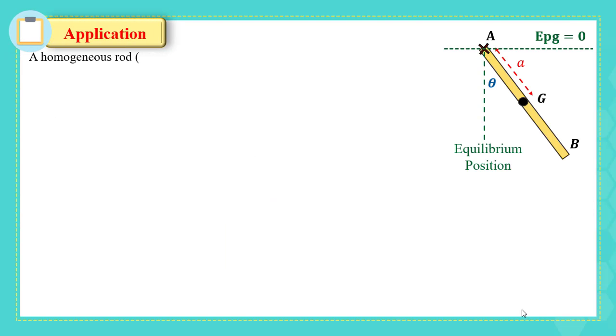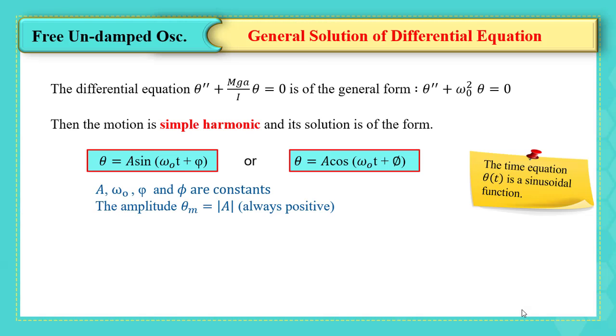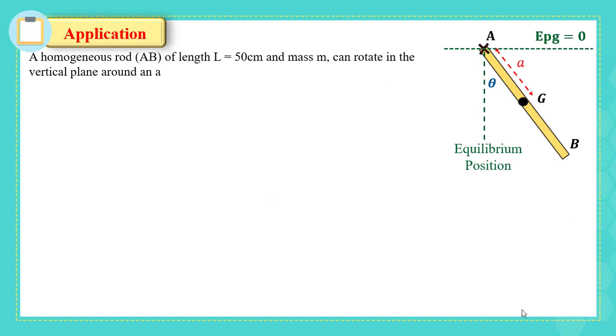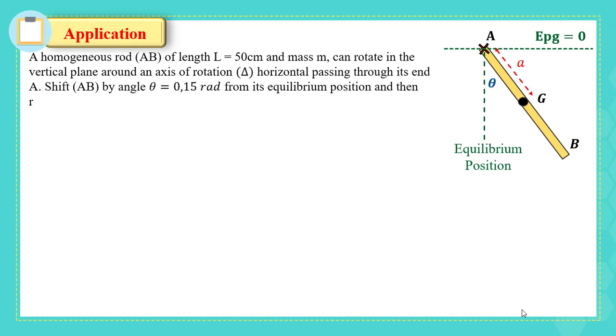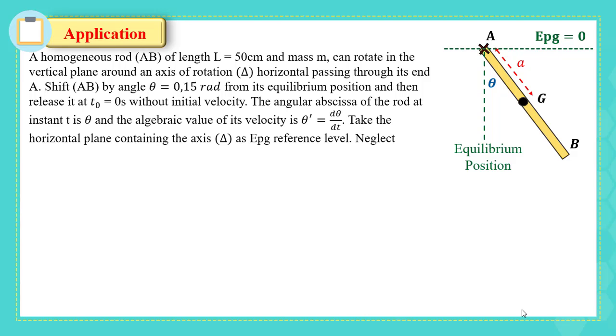Let's solve this application. Given a homogeneous rod AB of length L equals 50 centimeters and mass m, it can rotate in a vertical plane around an axis of rotation delta, which is horizontal, passing through its end A. AB is shifted by an angle theta, which is 0.15 radians from its equilibrium position, and then it is released at t equals 0 without initial velocity.